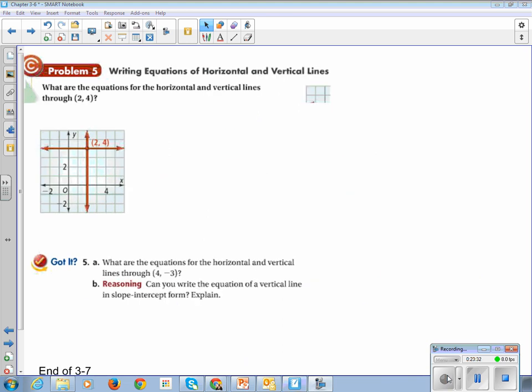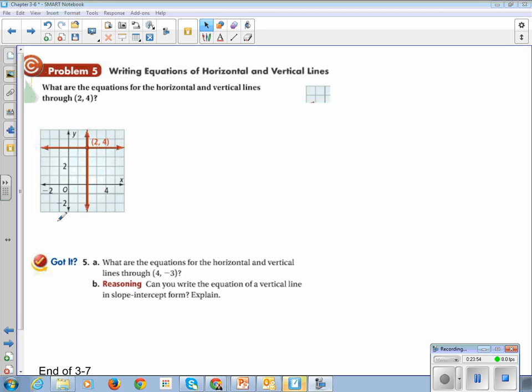All right, so writing equations of horizontal and vertical lines, mega easy if you know the rule. I promise. Mega easy. So when we look at this graph here, what are the equations for the horizontal, which is the one that goes with the horizon, and the vertical lines through 2, 4?